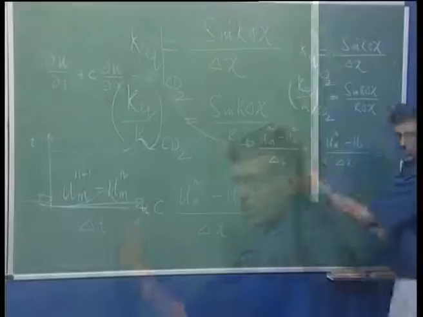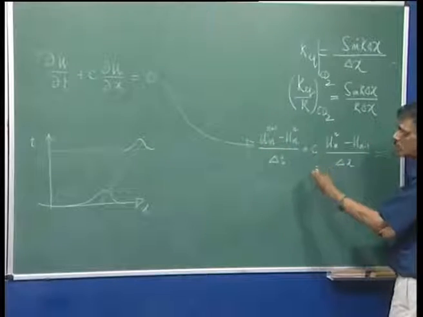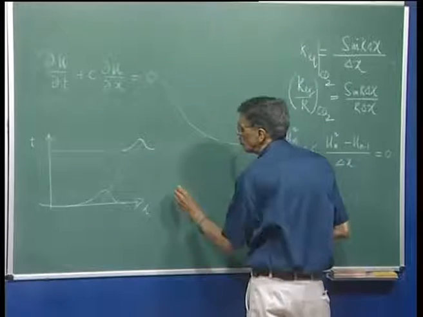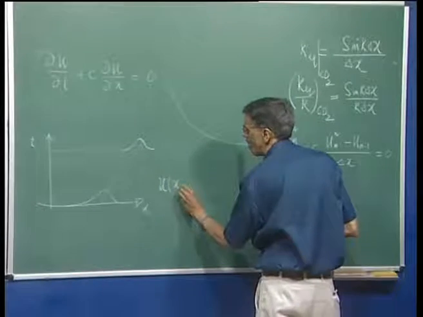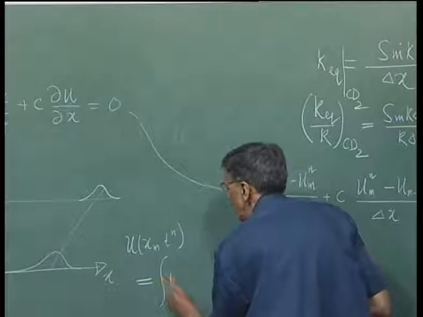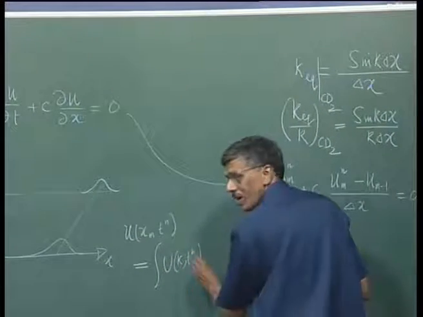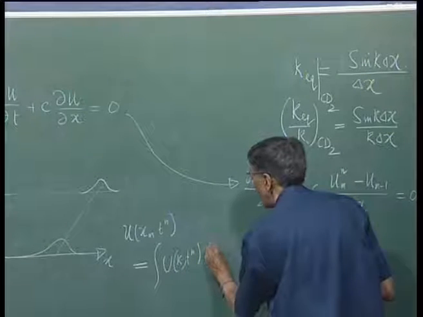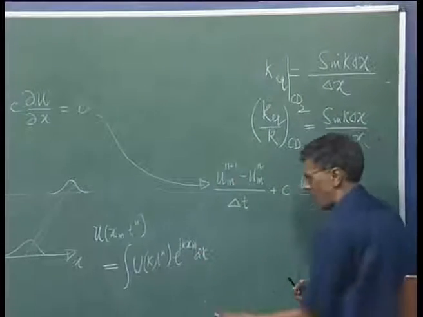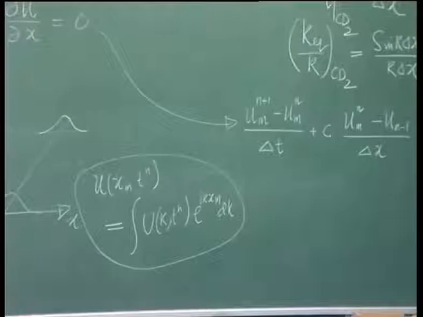So, I can write down the Taylor series, the Fourier Laplace transform, and then what we are going to do is, if you remember, we have introduced that as u of x m t n, we have written it like u of k t of n, we will write it as e to the power I k x m d k, right. That is our Fourier Laplace transform expression for the variable.